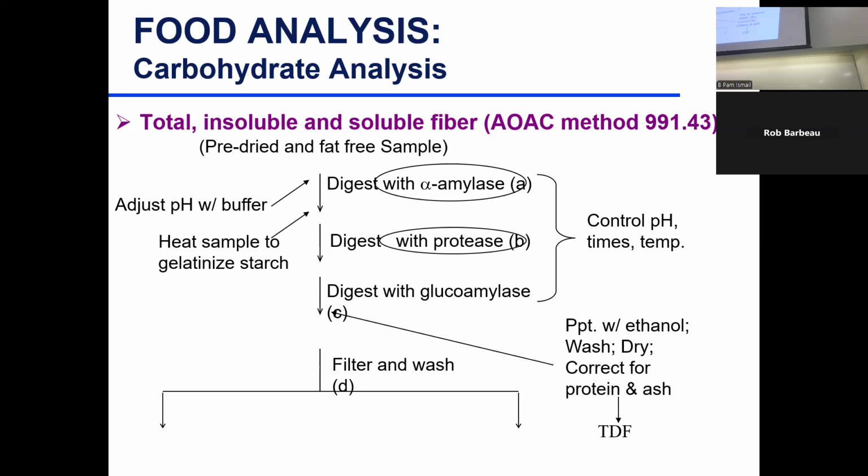So obviously minerals might be interacting with the dietary fiber. You might have some residual protein. So we measure protein and ash, subtract that from the total weight, and then you get total dietary fiber.